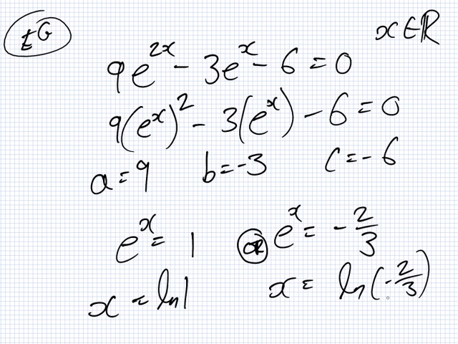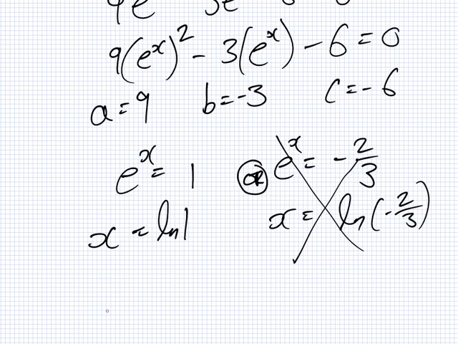But you see, one of these is wrong. Which one? Yeah, this one actually has no answer. Impossible. Can't make it minus. So you only have the answer here. x equals 0.